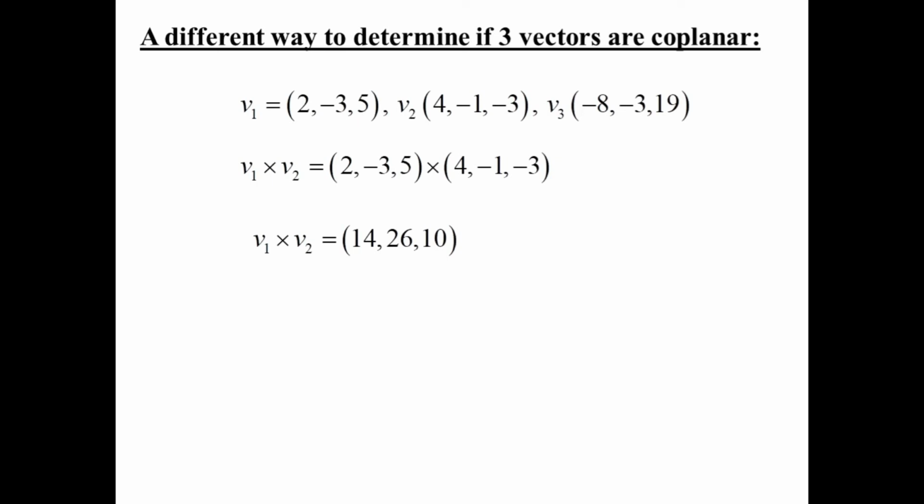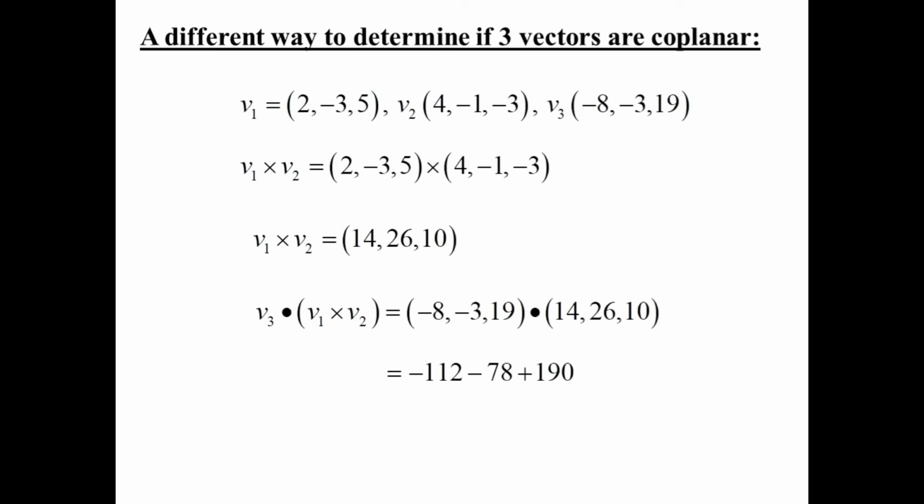Now please don't take my word for it. Cross them yourself and get that. Take this result and dot it with the third vector. So it will be v3 dotted with the cross product, performing a dot product, and we get 0.